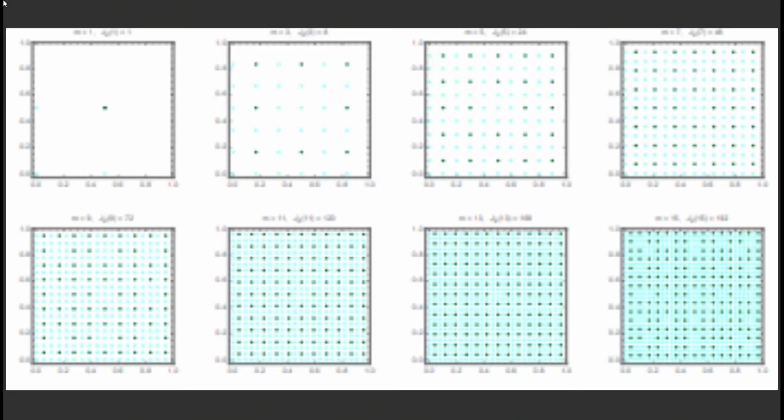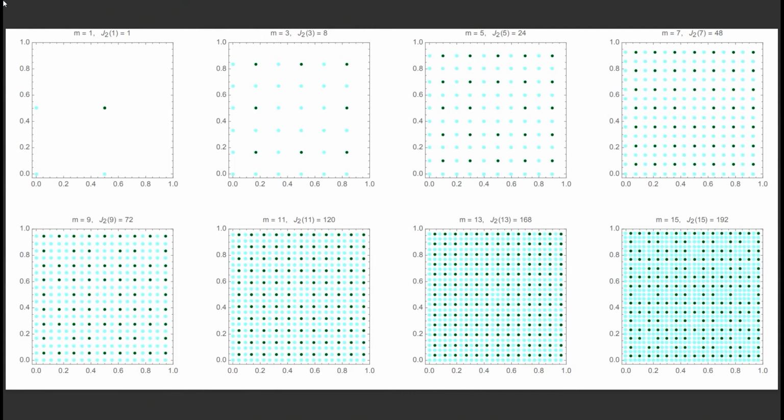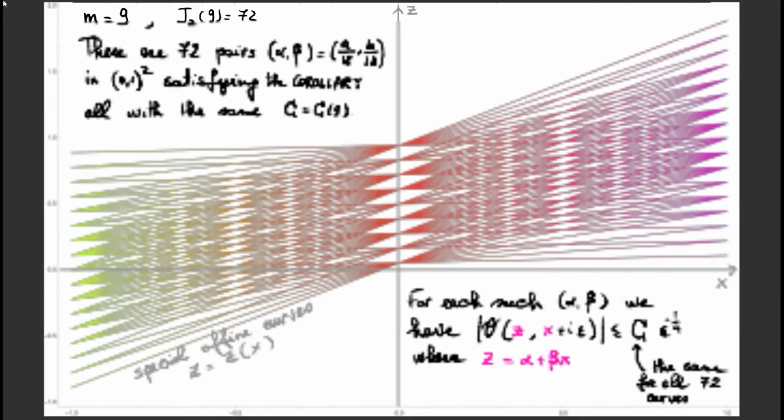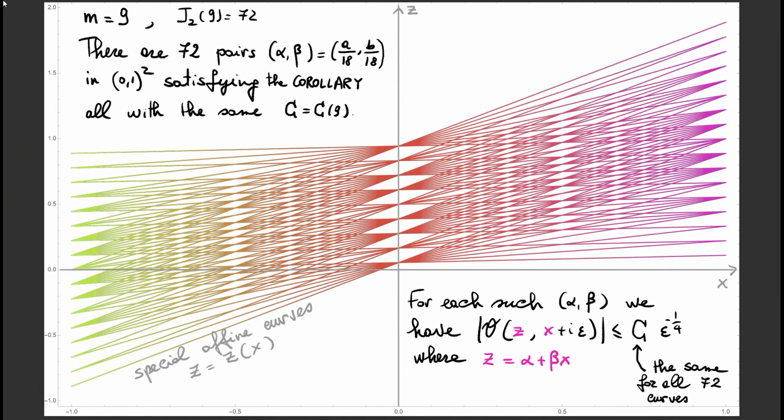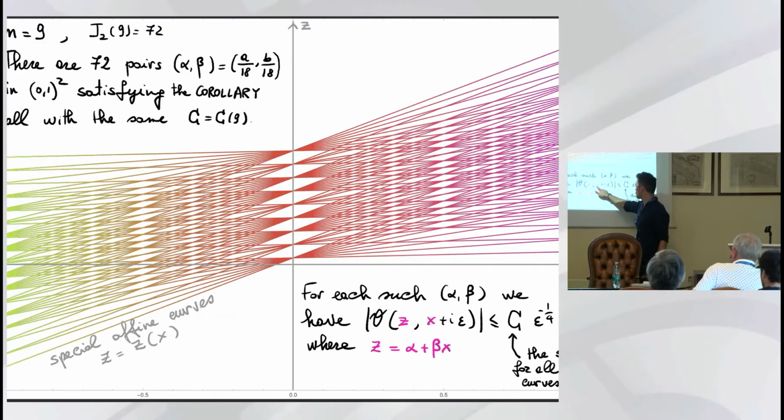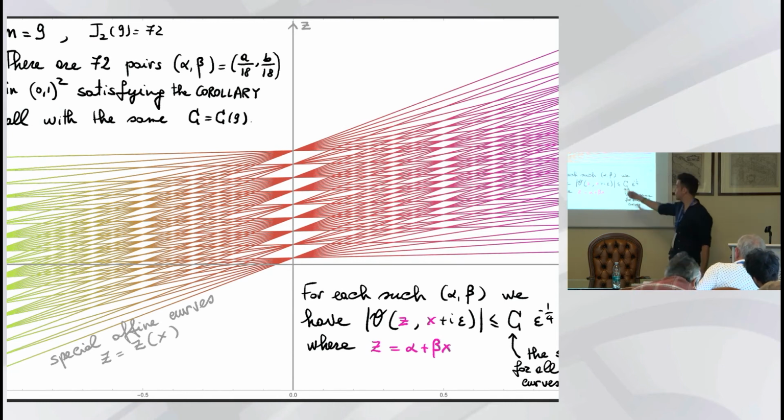So here, let's look at, for example, the case n equal to 9 in the bottom corner. There are 72 pairs of rational numbers that satisfy our theorem. So that gives me 72 affine relations between z and x, because for each of those alpha and beta, I can choose an affine function. So here I plot z as a function of x. There are 72 such lines.